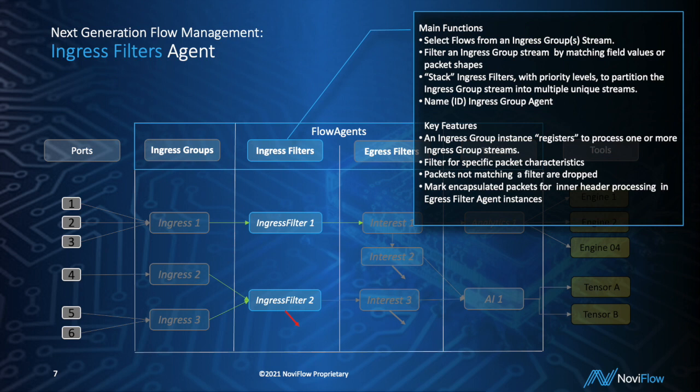Okay, and then we can stack these. You'll see an example of a stack, and we'll talk about it in a little bit. And we can name them. Again, these names are customer names. Then the key features, again: we register to a group. So this says I'm going to get my data here. This guy says I'm going to get my data from here and here. He's registered to 2. We filter on specific packet characteristics. Packets that aren't matched in any of these in the stack get dropped.